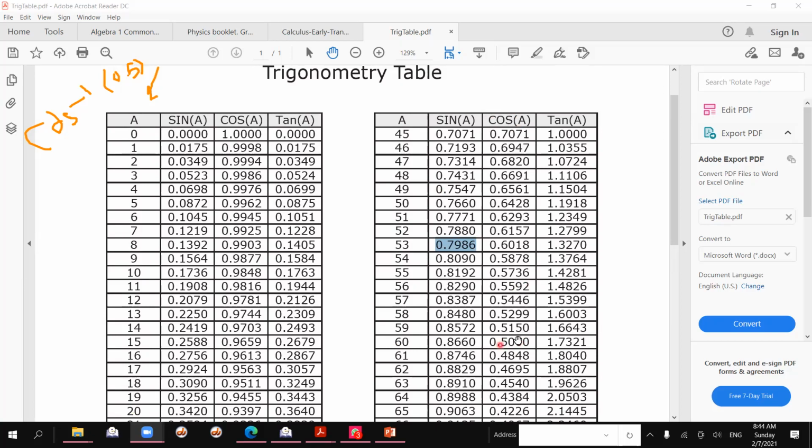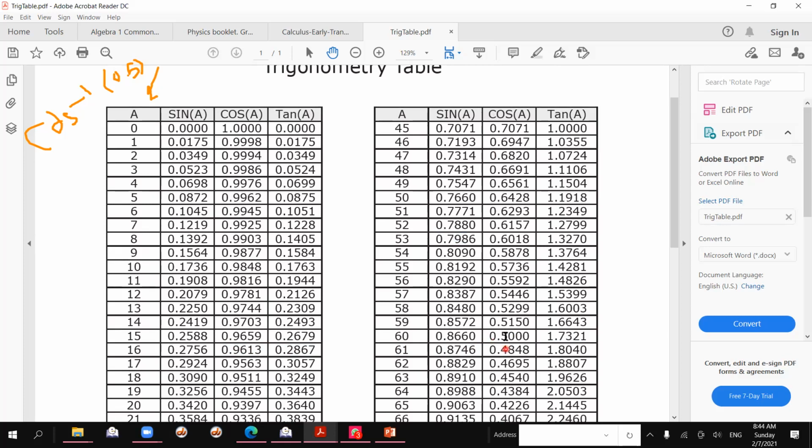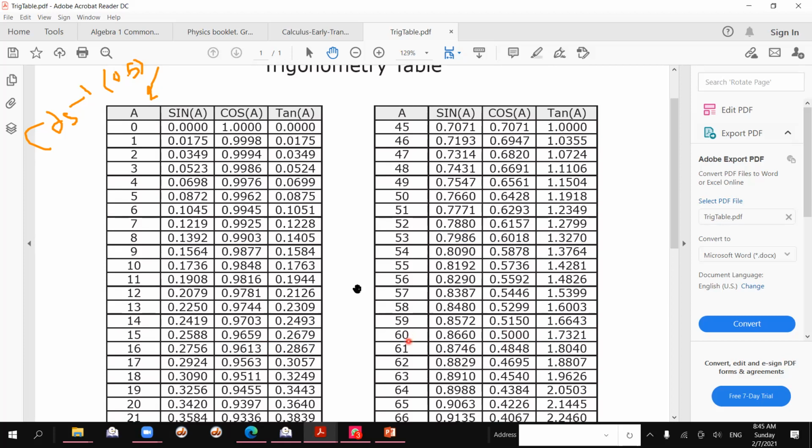I found 0.5, and this is the cosine, so cosine inverse of 0.5 is 60. So I come to the column of cosine, find where 0.5 is, and 0.5 gives angle 60. This is how we use the tables.